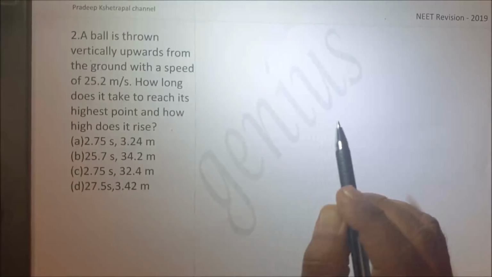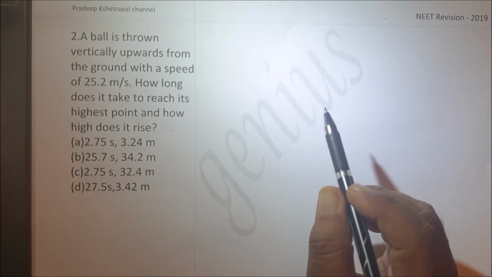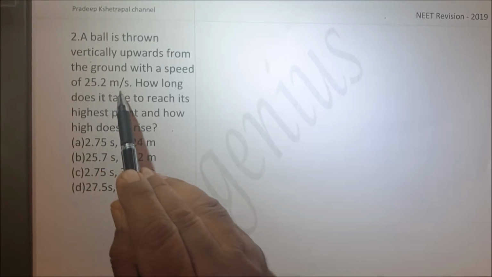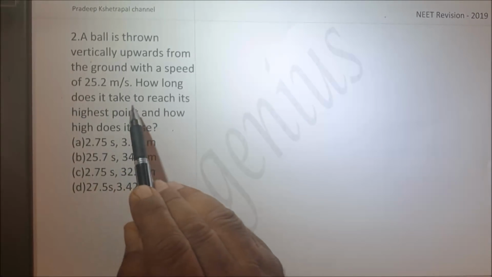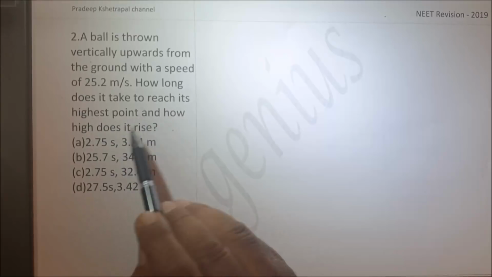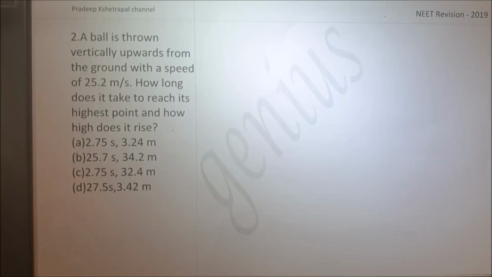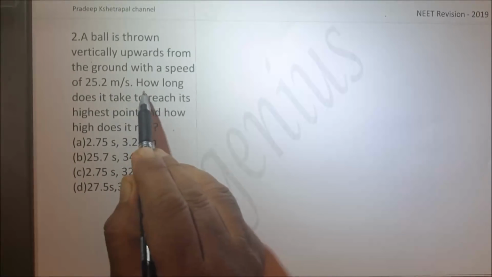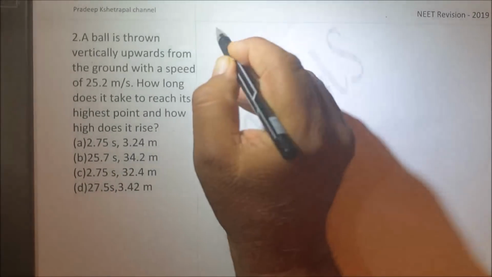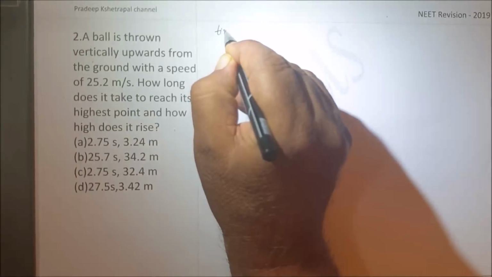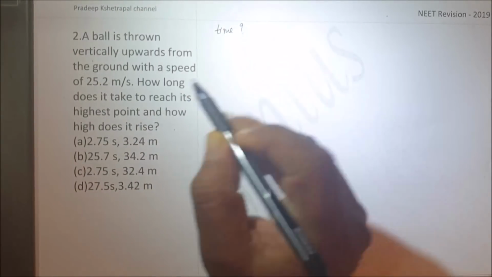A ball is thrown vertically upward from the ground with a speed of 25.2 meter per second. How long does it take to reach its highest point, and how high does it rise? So we have to find out how long it takes, that means we have to find out time. What's happening?